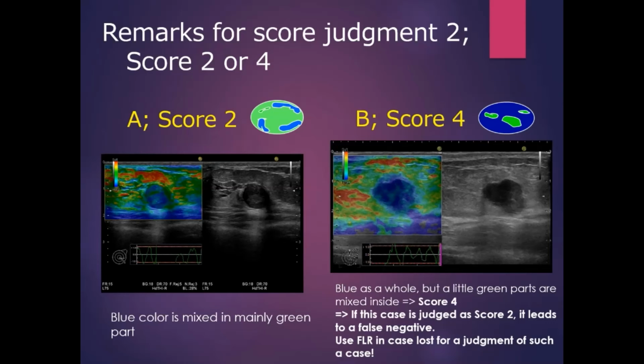If most of the part is green and blue is mixed in some parts, it is score 2. Oppositely, if most of the part is blue and green is mixed in some parts, it is score 4. If a case like B is judged as score 2, it leads to a false negative. It is better to use FLR if lost for a judgment of such a case.